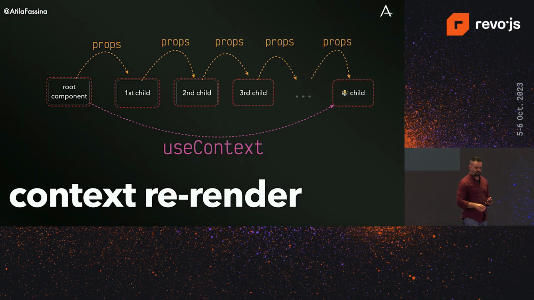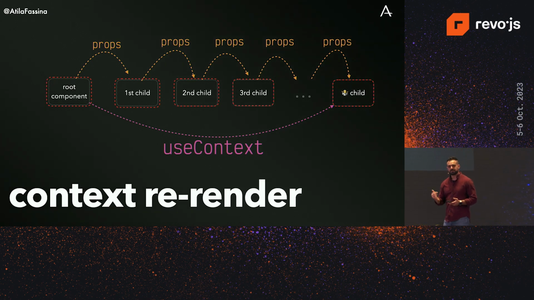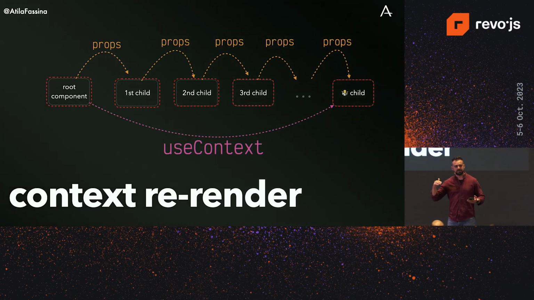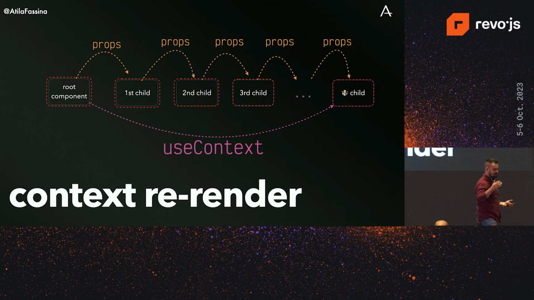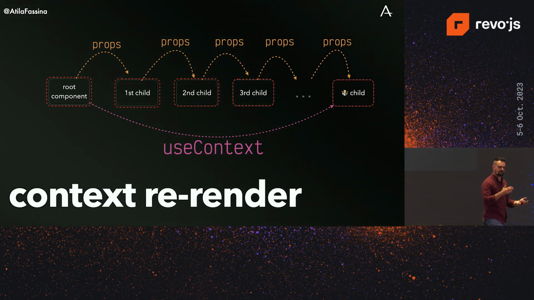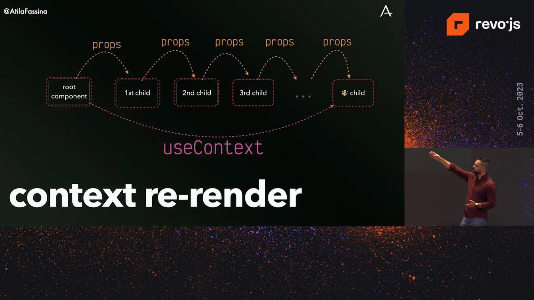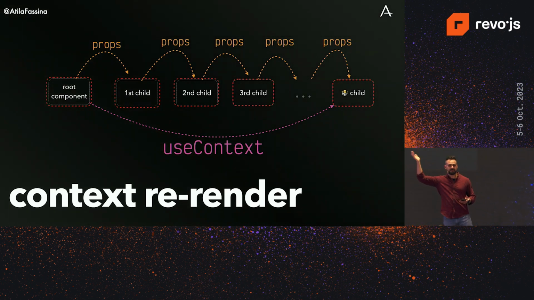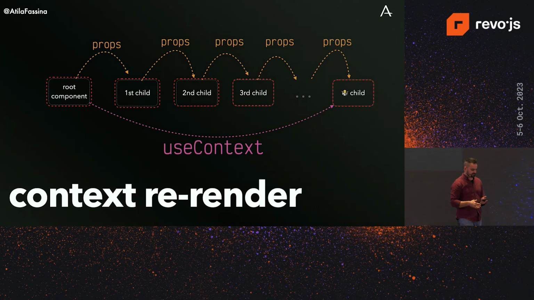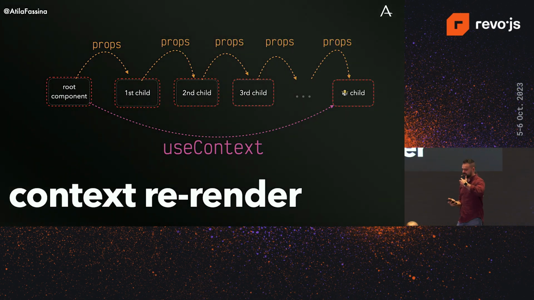So I'll ask you, what happens when we change a prop in the root component, and then there's a bunch of children in between, between the provider and the consumer in this case? What happens then? If the root is changed, everything under that provider is going to re-render. And that's why, in my experience, I saw a bunch of apps having excessive re-rendering issues.